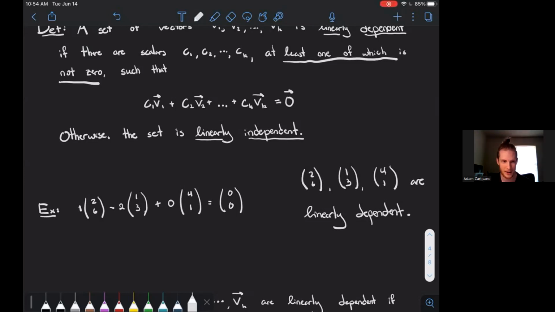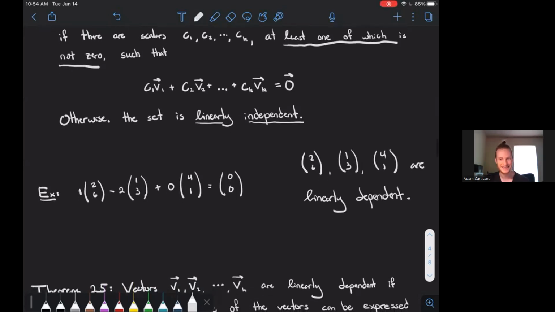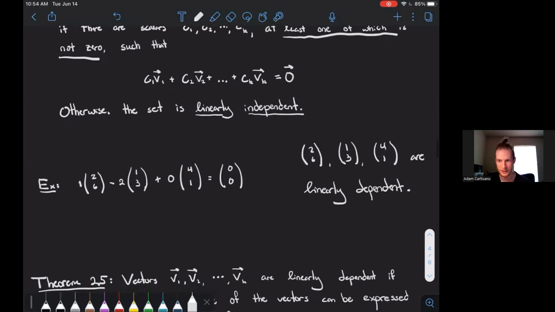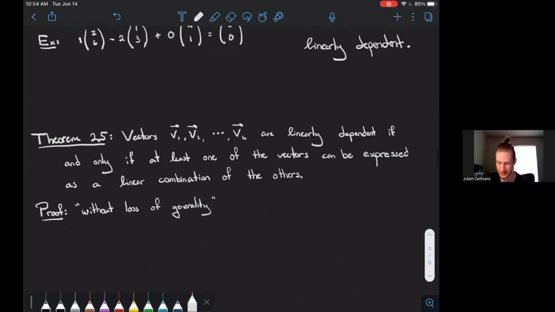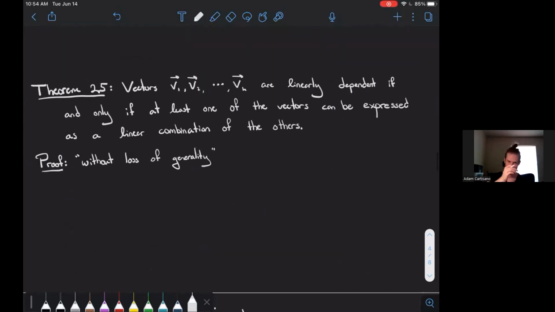It's a really important concept, but you're going to have to wait to see why. But basically, if you find a linearly dependent set, your problem is usually done. So that's the general feeling for linear dependence. It's like, this is how you end your problems. Let's start with a theorem though.